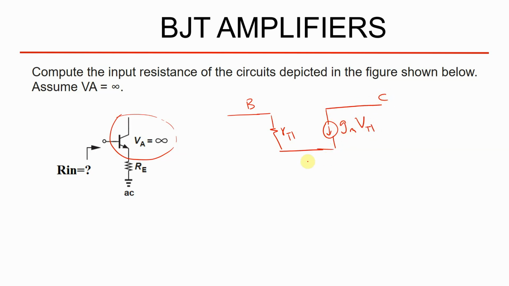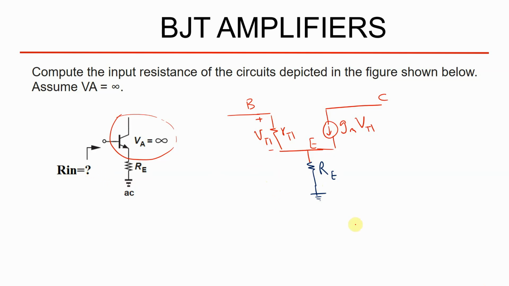This is collector, and here this is emitter. Now I'm going to add this resistance R emitter, RE, from emitter to the virtual AC ground node. So this is RE, and here this is ground. And don't forget, this is also V pi across R pi.